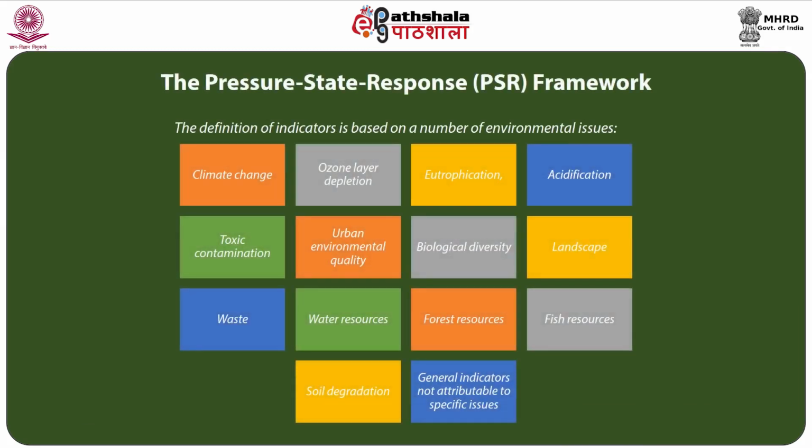The definition of indicators is based on a number of environmental issues: climate change, ozone layer depletion, acidification, toxic contamination, urban environmental quality, biological diversity, landscape, water resources, forest resources, fish resources, soil degradation, while there is a last 14th issue called general indicators not attributable to specific issues.